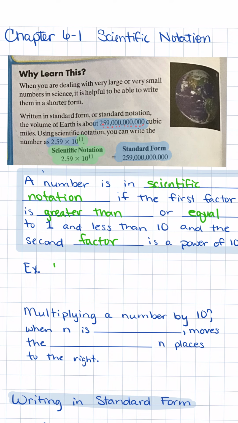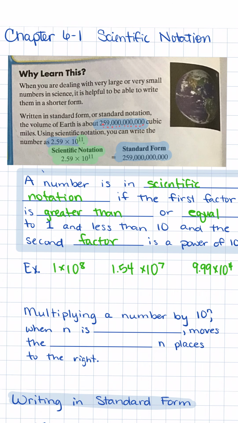So an example: 1 times 10 to the 8th power, 1.54 times 10 to the 7th power, 9.99 times 10 to the 4th power.